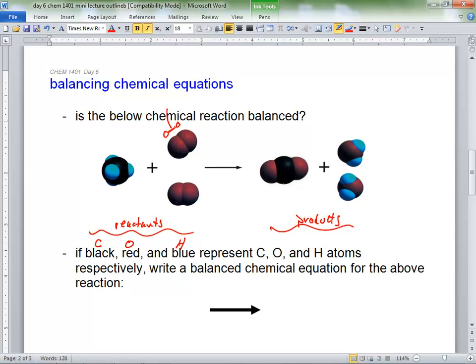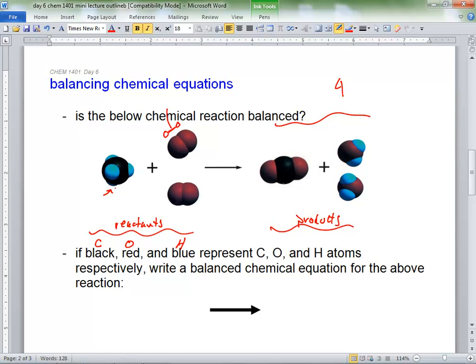It's really tough to see. How many do you see on this side? Four. On this side, there's one right there in the back. Yeah, so there's four blues on that. Okay, so it's balanced. We count the same number of atoms on both sides.